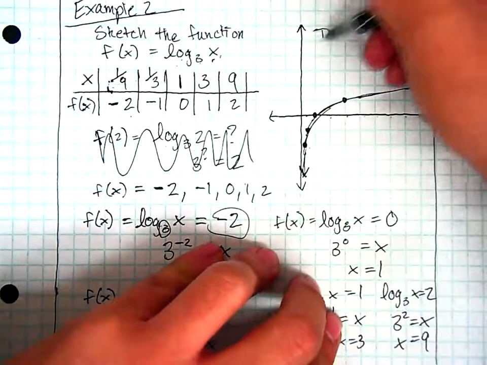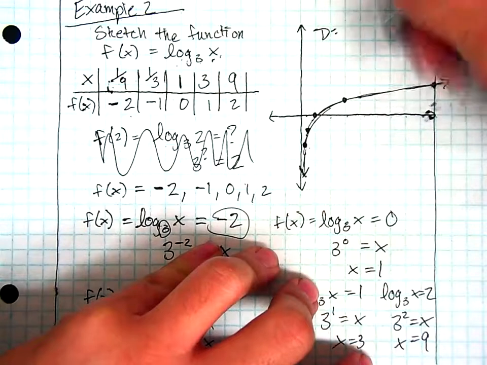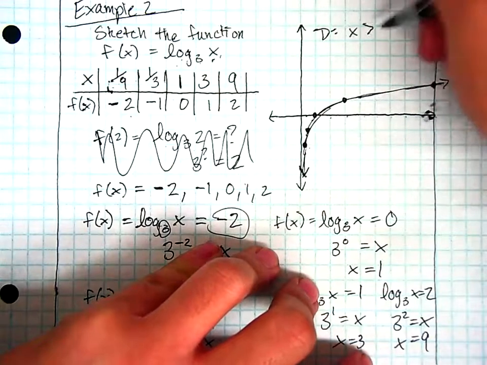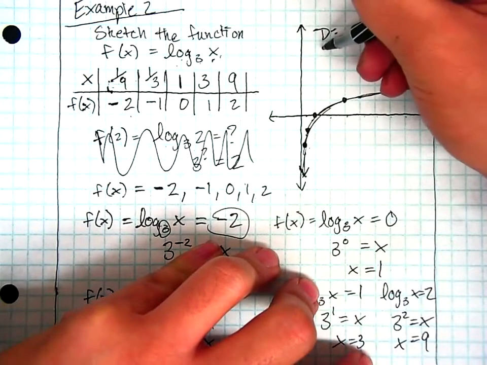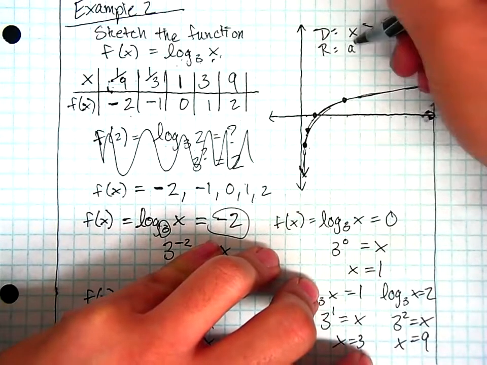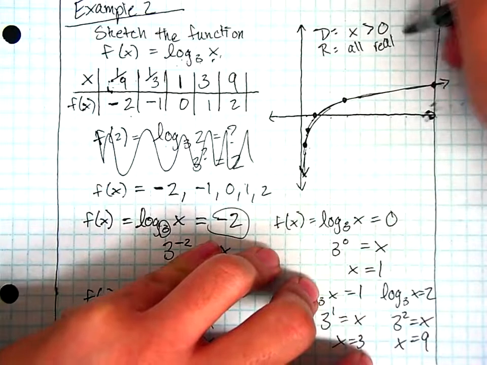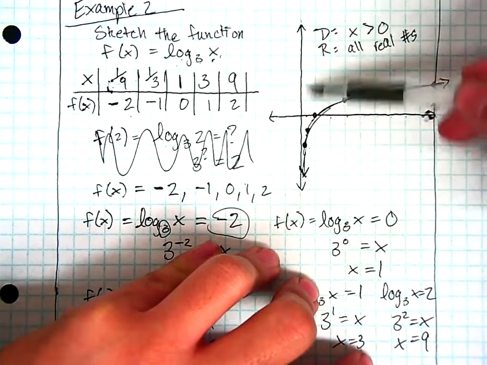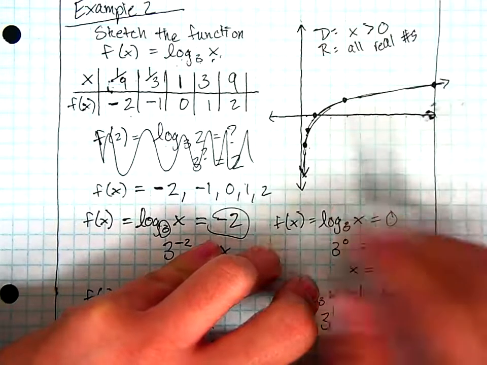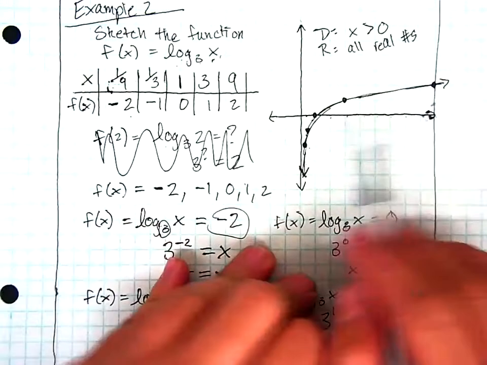Okay? I want to go ahead and jot down some information for this domain. Obviously, all of our x values have to be greater than 0. Okay? All of our range, actually it's going to be all real numbers, because it goes all the way down and goes all the way up. And then notice you actually have a vertical asymptote right here at x equals 0. In terms of a horizontal asymptote, we don't have any.